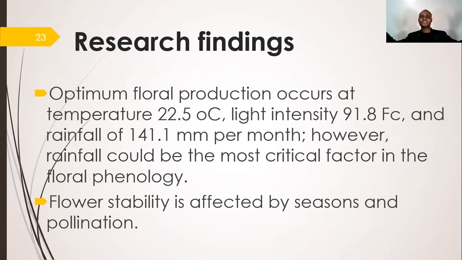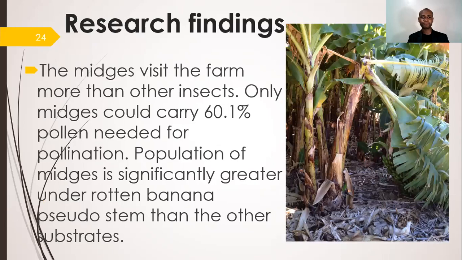So what happens is for irrigated farms, they have two peak seasons in a year. Why? Because the amount of rainfall, the amount of water or moisture in the soil, is always the same. So it doesn't matter whether it's December or June, the farmers always have a good harvest. Okay? Now let's look at some more research findings.